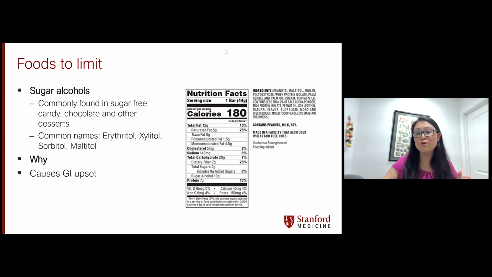Really what they do is they can pull in some more water in the intestine, but also they're not fully absorbed into the bloodstream. So some of it is left to go into your large intestine, and the bacteria actually get really excited. It's almost like they're used to just getting little pieces of roughage and fiber.